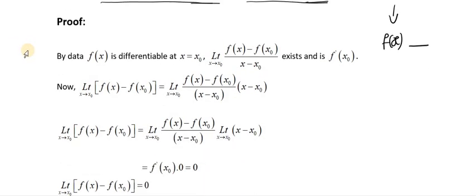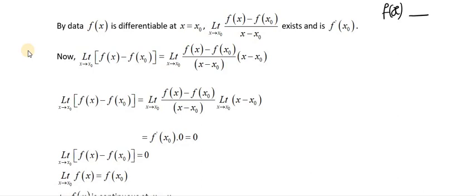Proof. By data, f of x is differentiable at x equal to x naught. Then by the definition of differentiability, we can write that the limit as x tends to x naught of f of x minus f of x naught by x minus x naught exists and is equal to f dash of x naught.